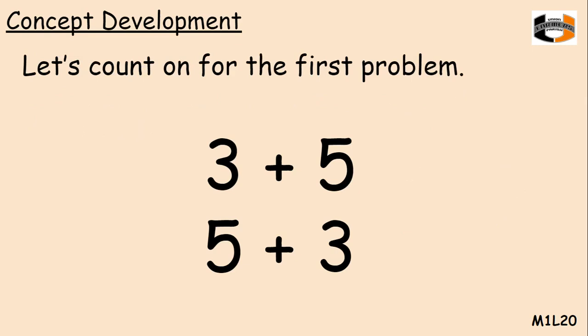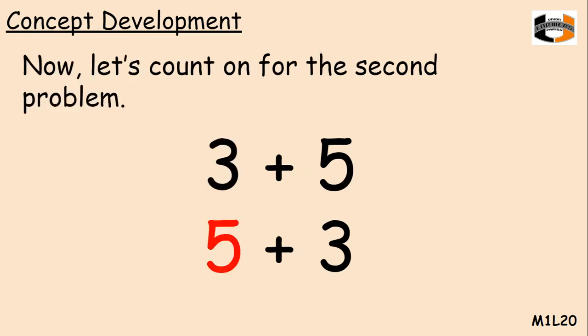Let's count on for the first problem. 3, 4, 5, 6, 7, 8. Okay. Now let's count on for the second problem. 5, 6, 7, 8. Which one was easier? It was easier when the 5 was first because we only had to count on 3 more.